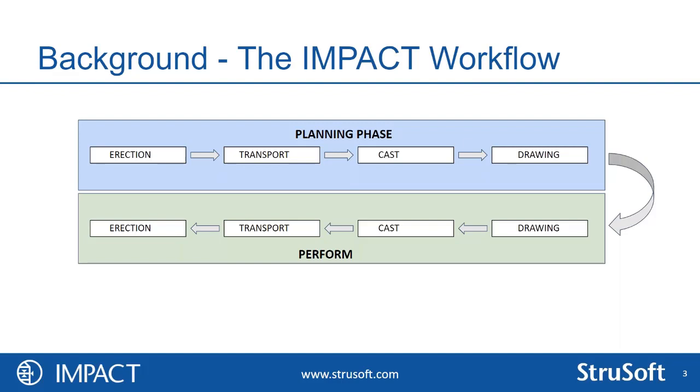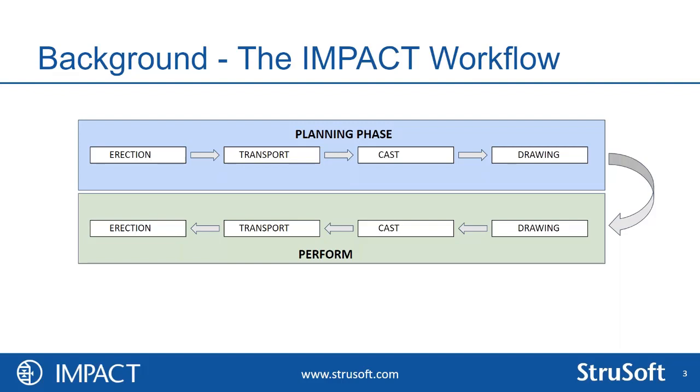They had to make a plan how to erect it, how to get the elements onto the building site, and transport them. They also had to make the elements themselves in the factory, and before that, hopefully they had drawings that described how they were going to make the elements.